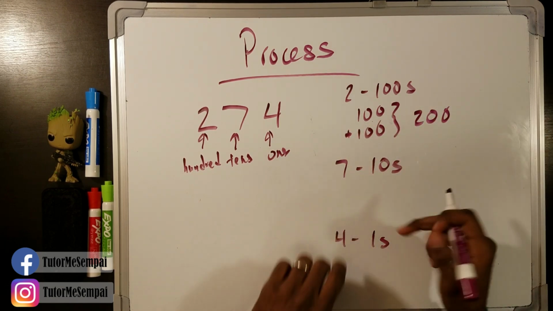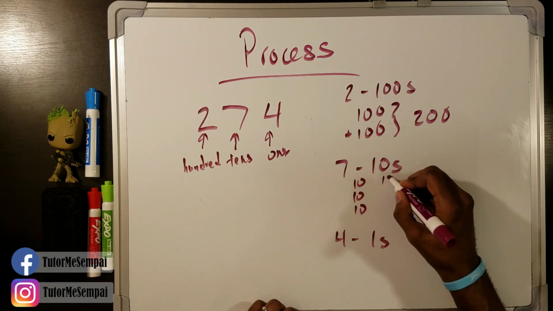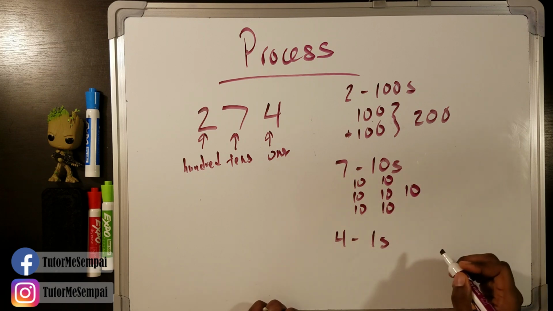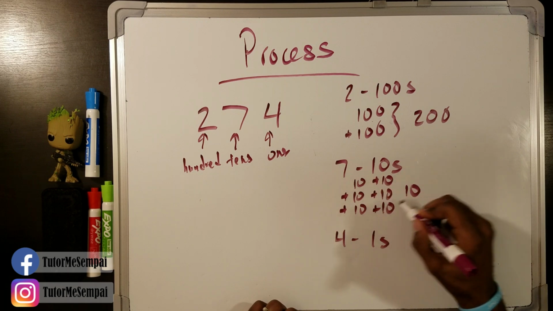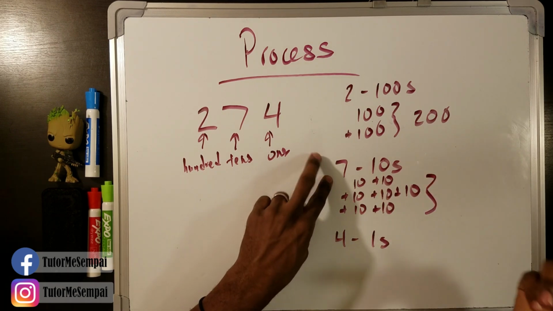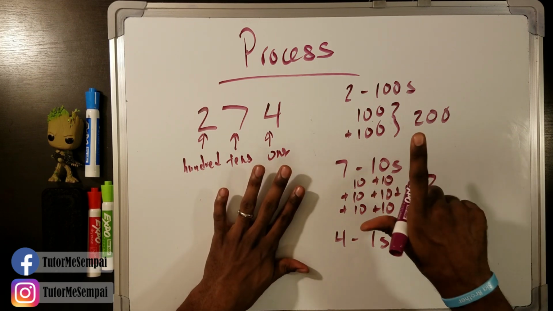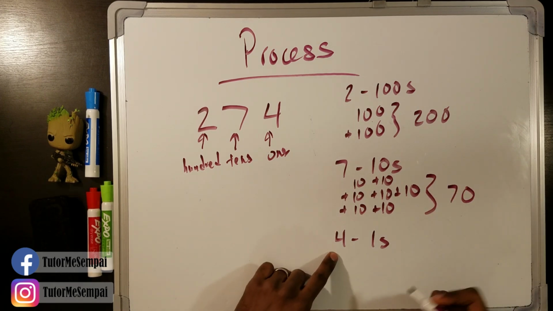How about 7 tens? Well, 1, 2, 3, 4, 5, 6, 7. And if we were to add all of these together, we would get, well, what's 10 plus 10 plus 10 plus 10 plus 10 plus 10 plus 10? Well, that's going to be 70. And what about these 4 ones?